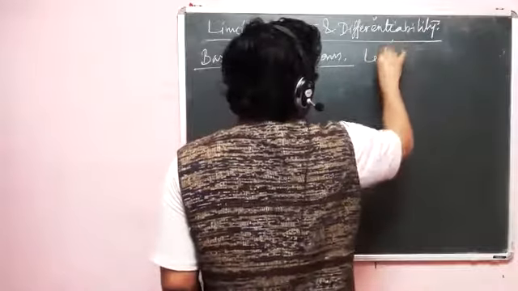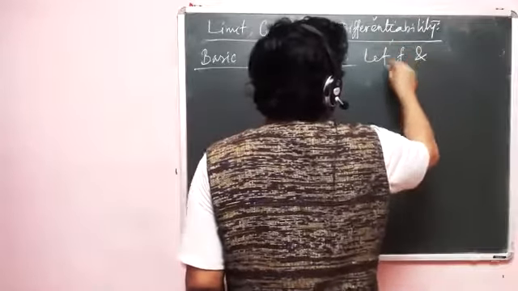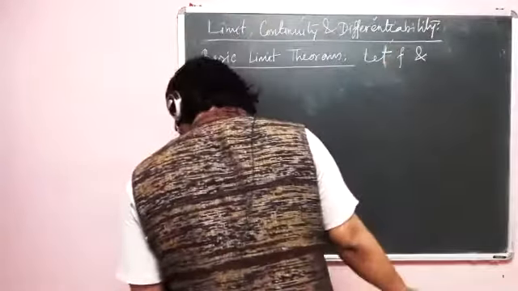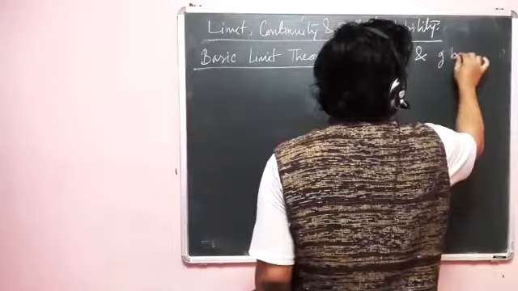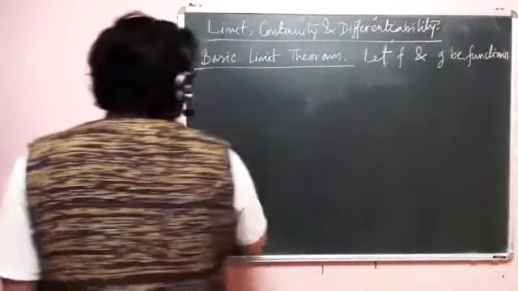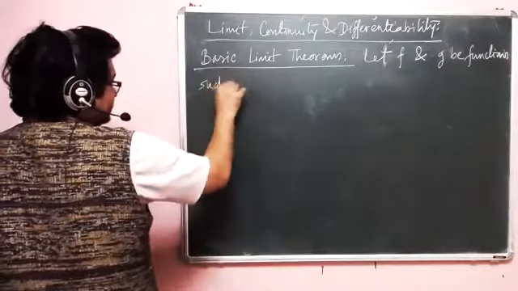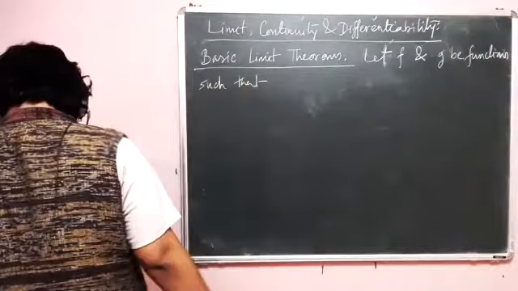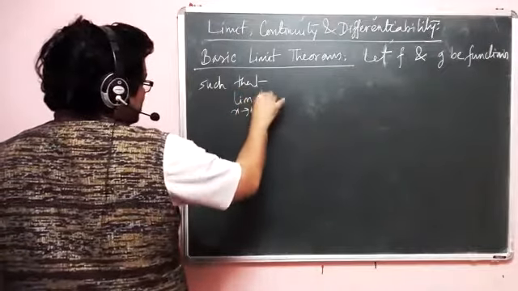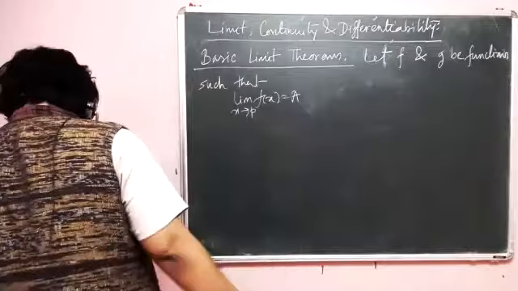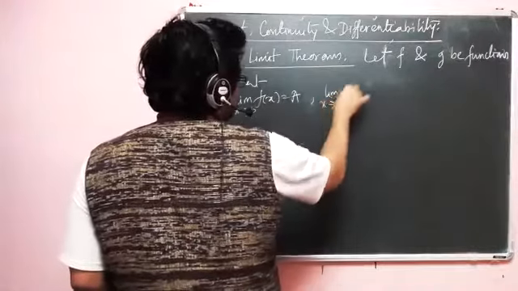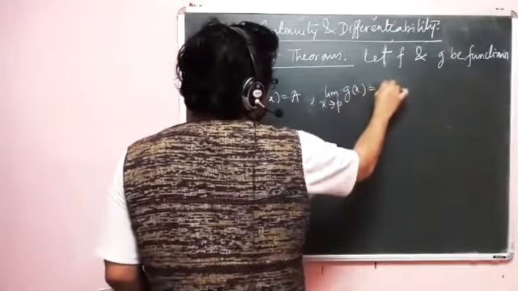So let f and g be functions such that limit x tends to p f of x equals a, comma, limit x tends to p g of x is equal to b.